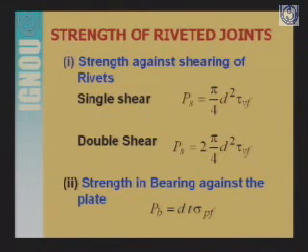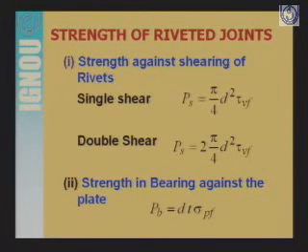Shearing can be of two types, single shear and double shear, and the difference is that in double shear the shearing is at two cross sections. For single shear, the formula for the shearing resistance or strength is Ps equal to pi by 4 d square into tau vf. In case of double shear, this gets doubled.